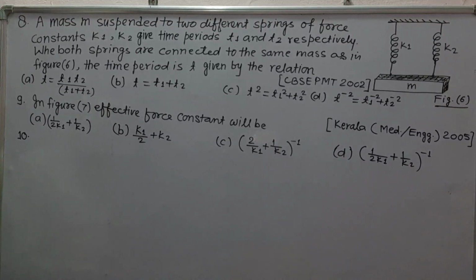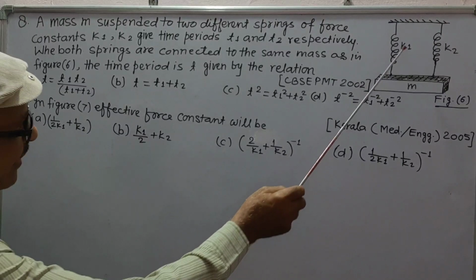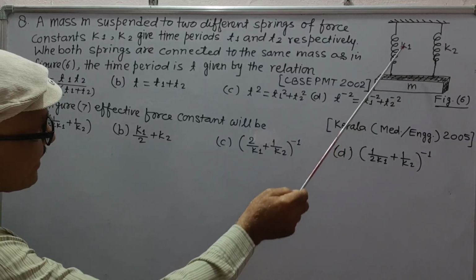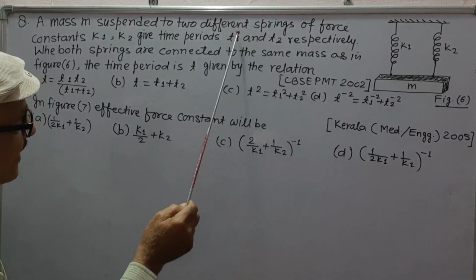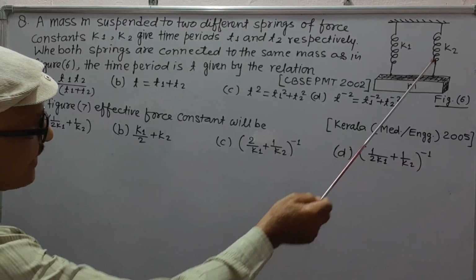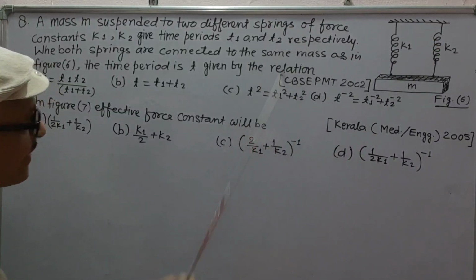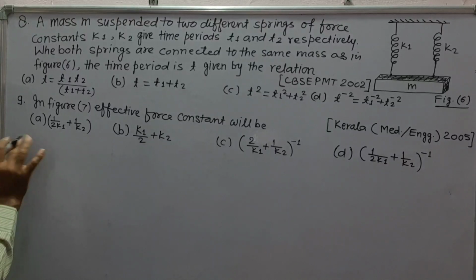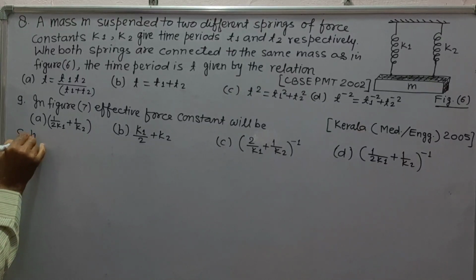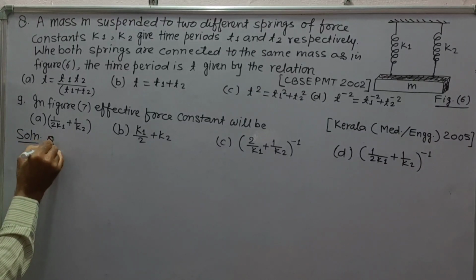Here, initially when mass M is connected to spring K1 only, it gives time period T1, and when it is connected to K2 only, it gives time period T2. So, solution to question 8.